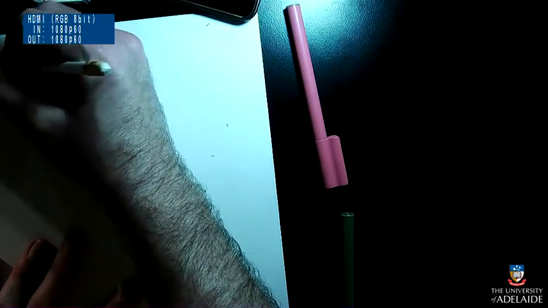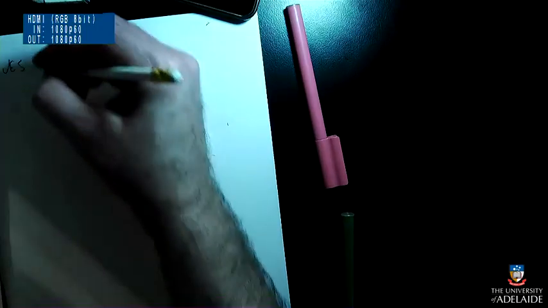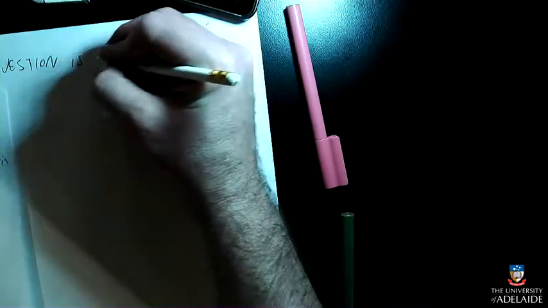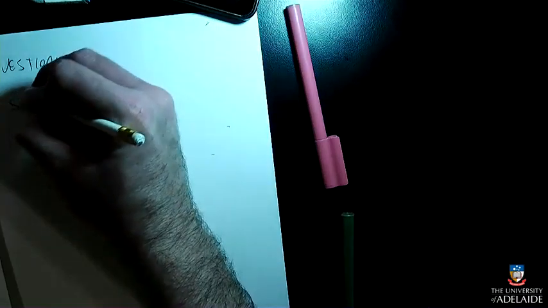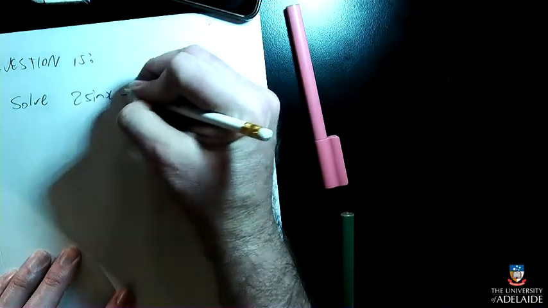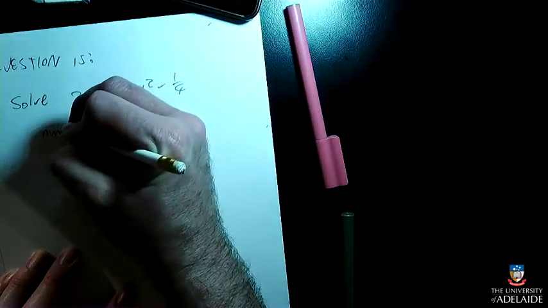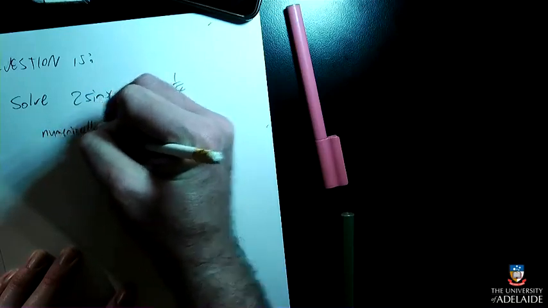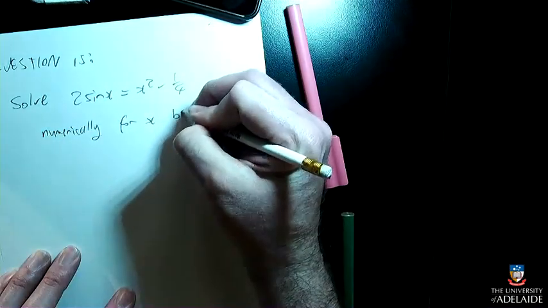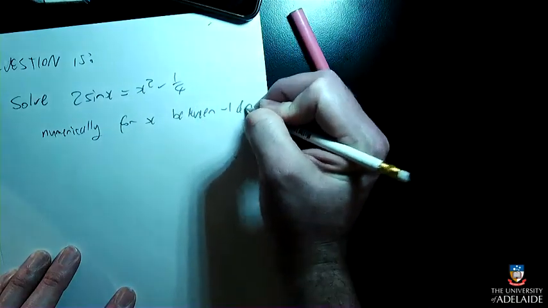So let's just change the question. So we're going to cross that out, cross all of that out. Two sine x is x squared minus a quarter, numerically for x between -1 and 0.